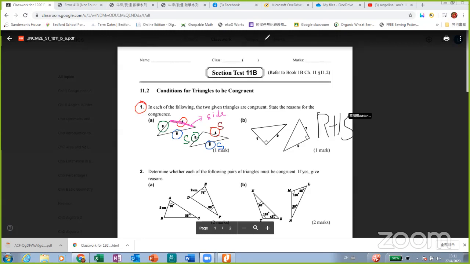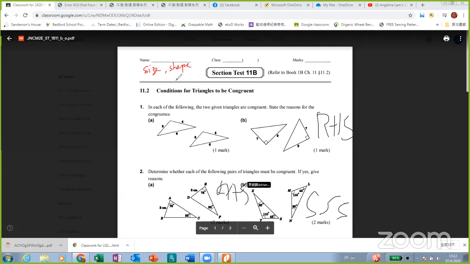It means if I know that all three pairs of sides are equal, I can tell people that these two triangles must be congruent. It means they are the same shape and size. If the two triangles are congruent, both triangles have the same size and the same shape.